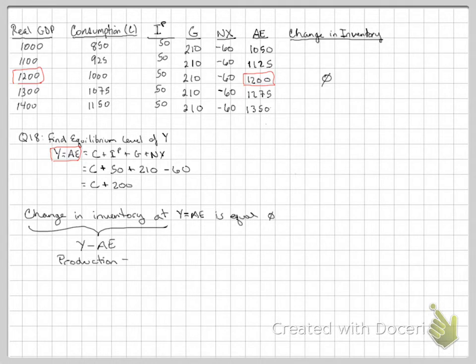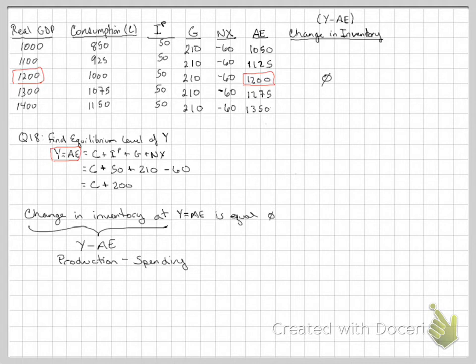If that production is more than the amount of spending that occurs in the economy, then we're going to actually add to our inventory, right? So if you can intuitively think about that, we're producing too much when we have this inventory going up. If inventory is going down, we're not producing enough, so in that case, our spending would be more than production. So we can literally define this change in inventory as Y minus AE, right?